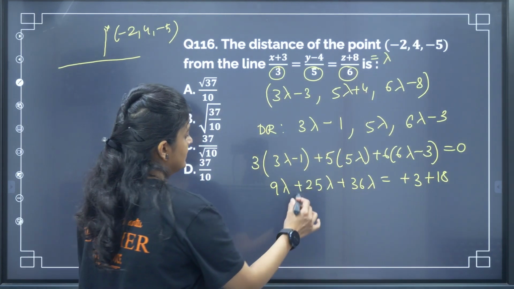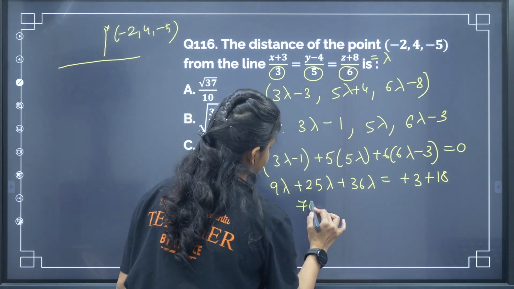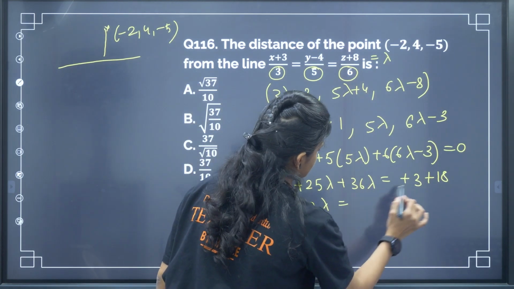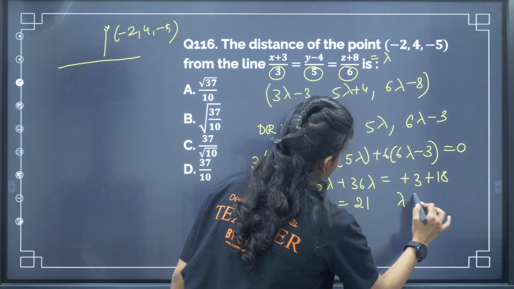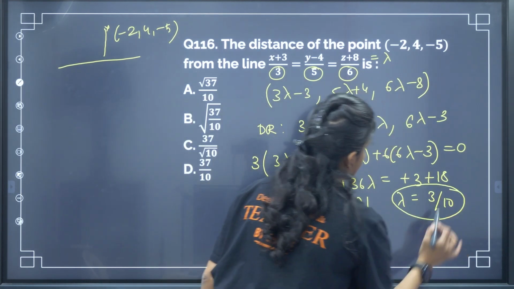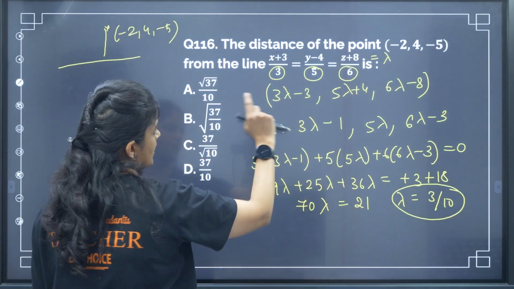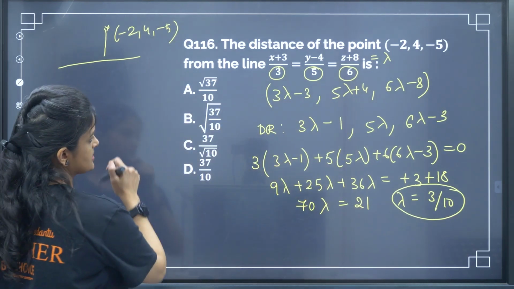This side we have 70, and the other side we have 21. So the lambda value will be 3 by 10. Lambda value is 3 by 10. Now you need to put it in this and get the distance.